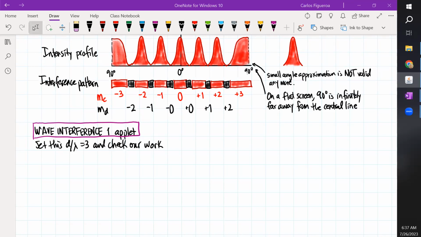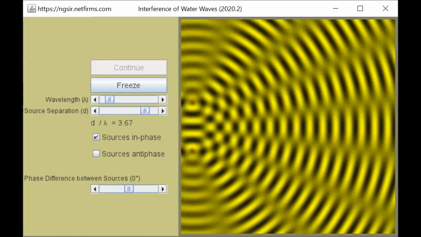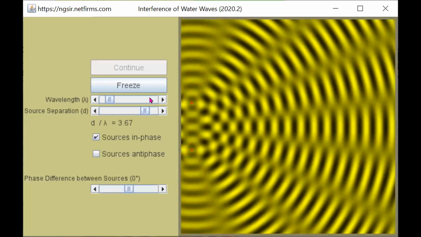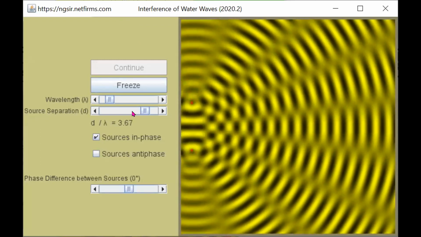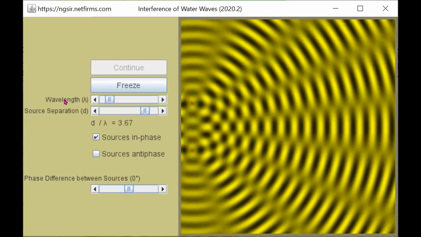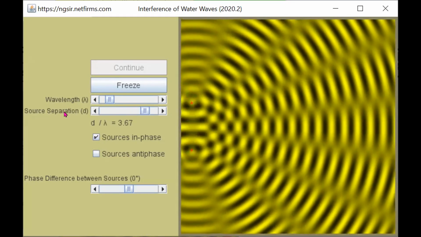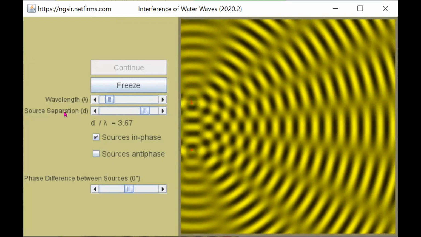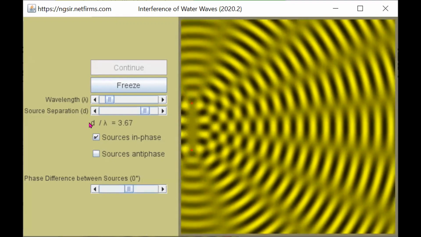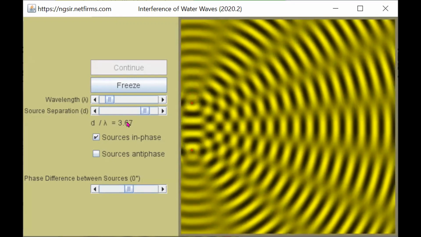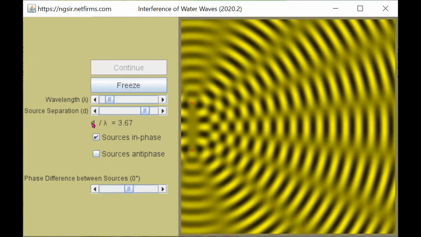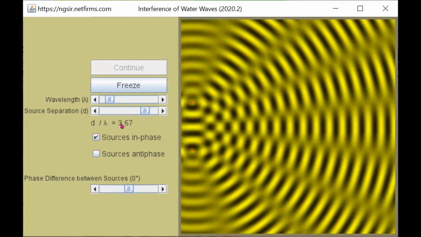So here is the applet, and what you're seeing here is that they tell you this is wavelength. They tell you that this is the separation, and you could see that the diffraction, the interference parameter right now is labeled as d over lambda equal to 3.65.